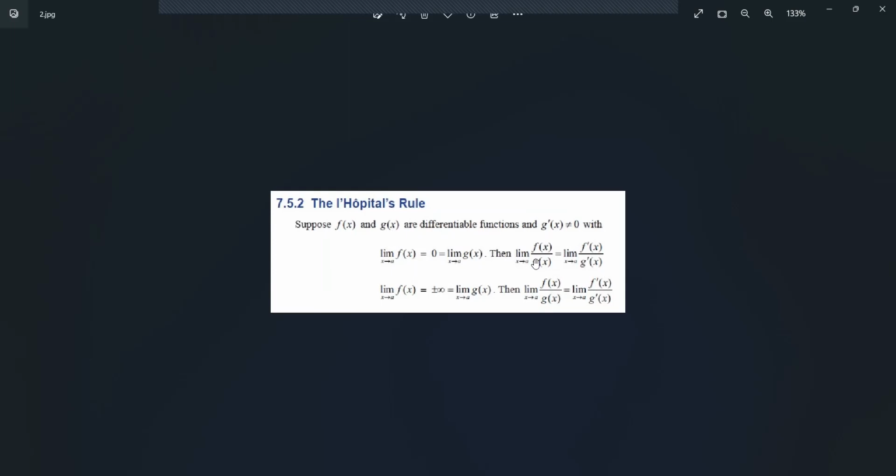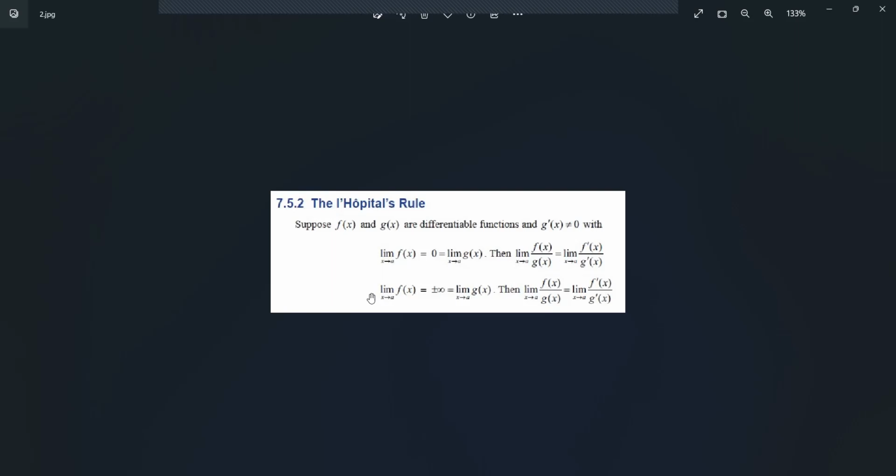So this is of the form 0 by 0, and when it is of the form 0 by 0, we cannot evaluate the limit directly. But with L'Hopital's rule, we are able to get a value in the following manner. That is, we have limit x tends to a, f dash of x by g dash of x. That is, we differentiate the numerator and differentiate the denominator and then evaluate the limits.